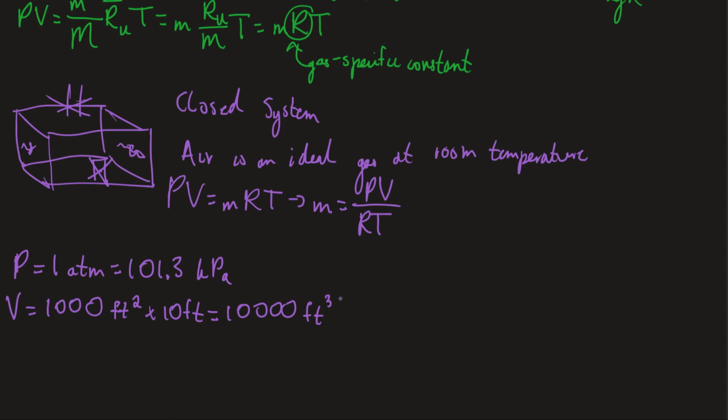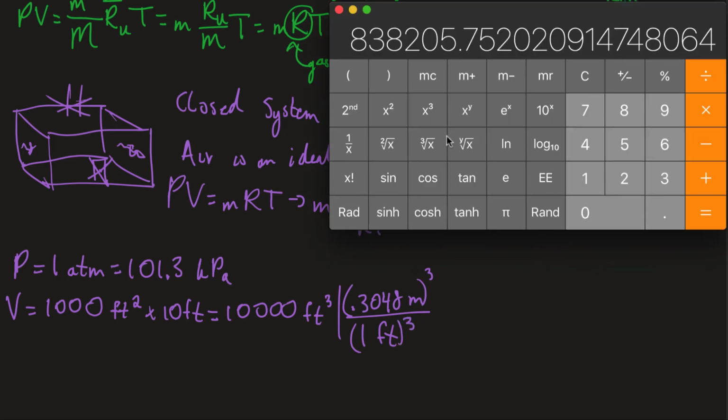And we need this in meters. So we'll do a quick unit conversion. So 1 foot is about 0.3048 meters. And because we needed this in cubic feet, we'll cube both the numerator and the denominator. And we'll pull out our handy calculator.